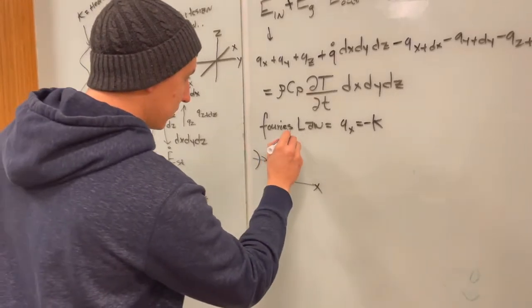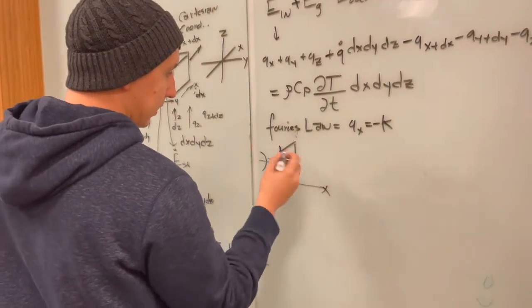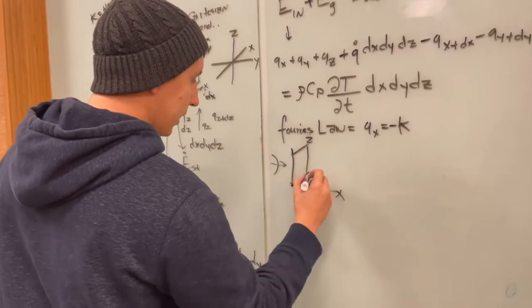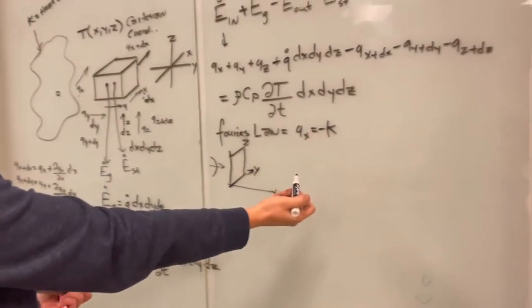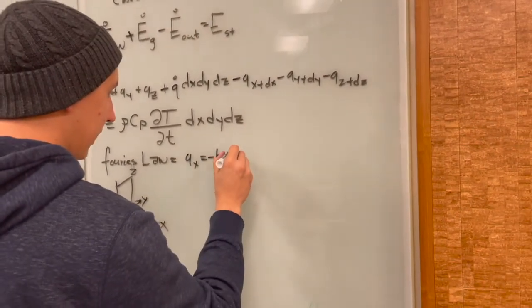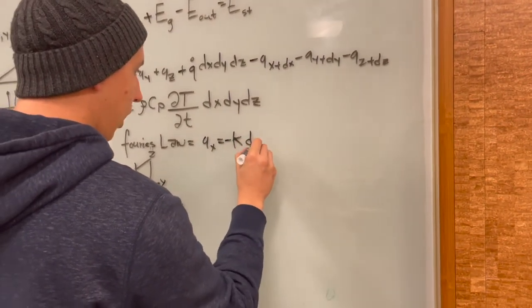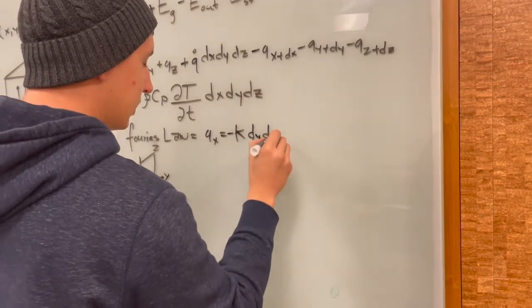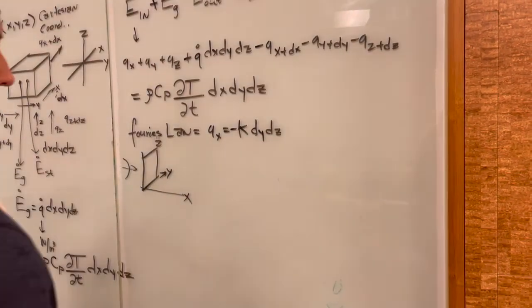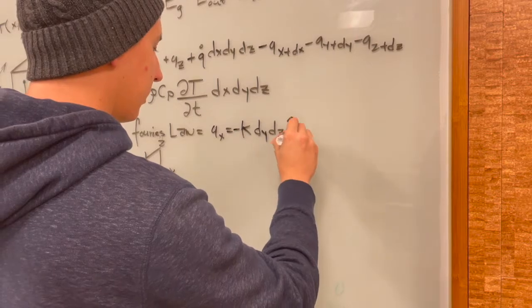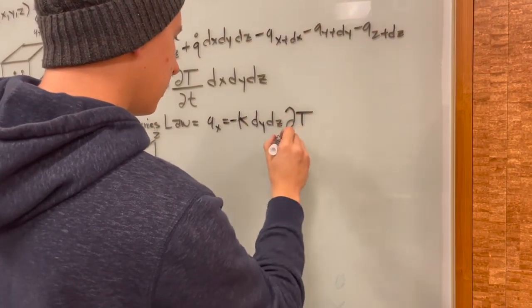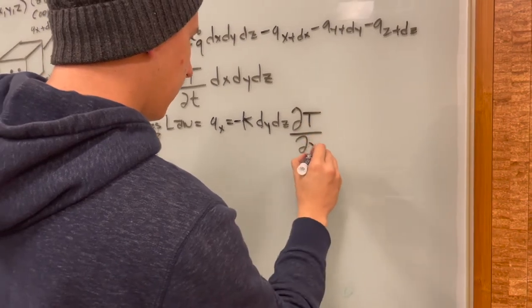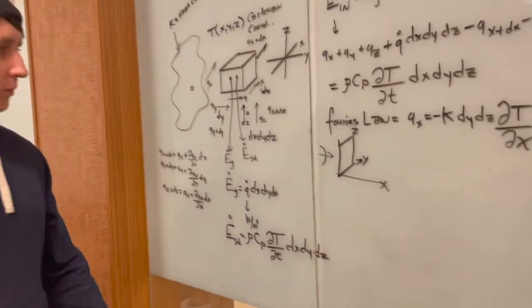So if this is our z going up, this is our y, we would have that. So what do we do here? Obviously we would multiply by the differential amount in y and the differential amount in z, and that is going to be multiplied by the derivative in that direction. There you go.